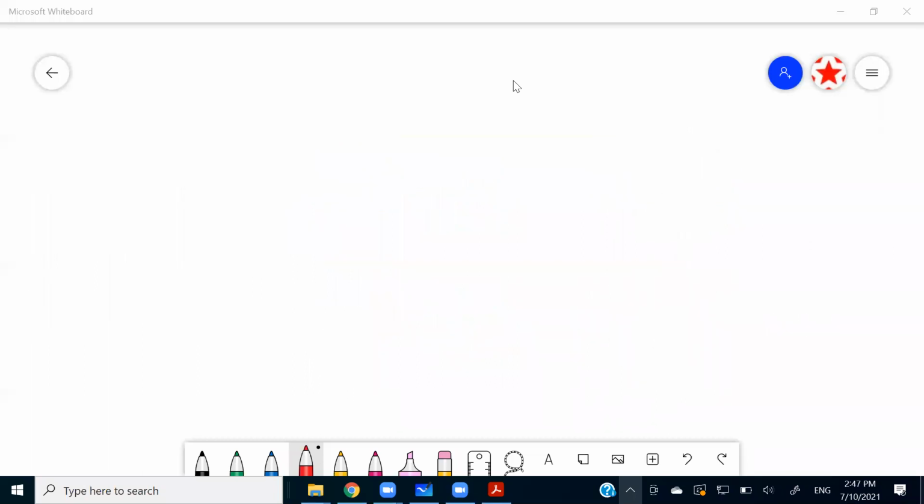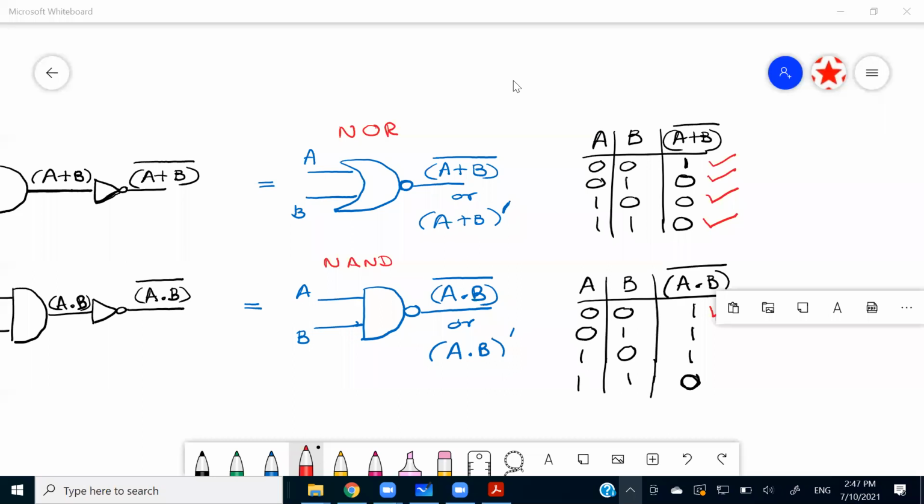I have to figure out what it is. Yes, Dinelka, there is some problem with my screen.